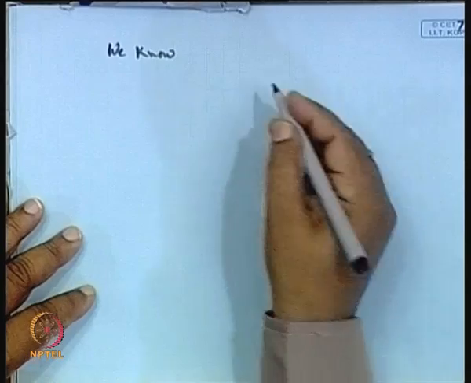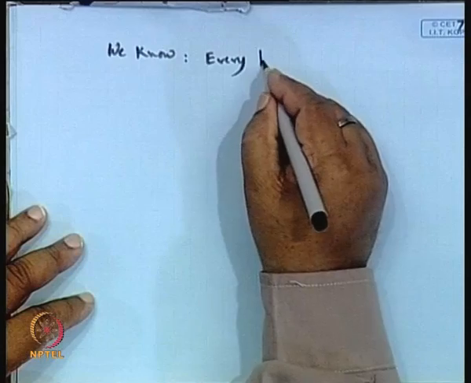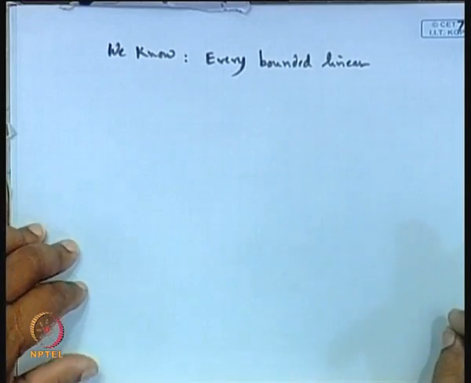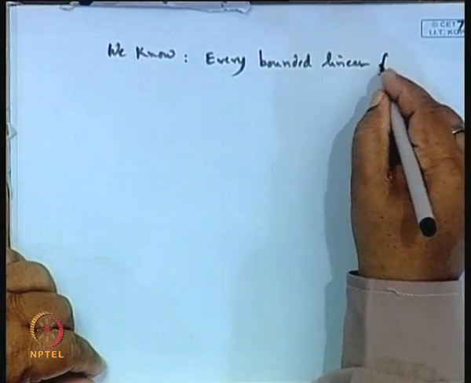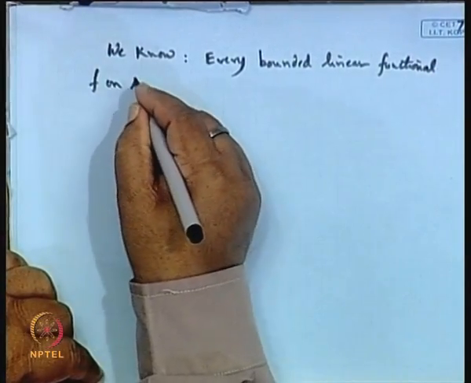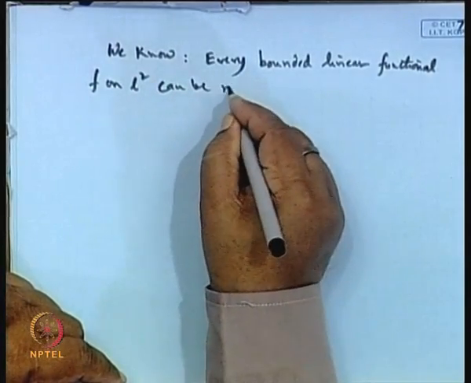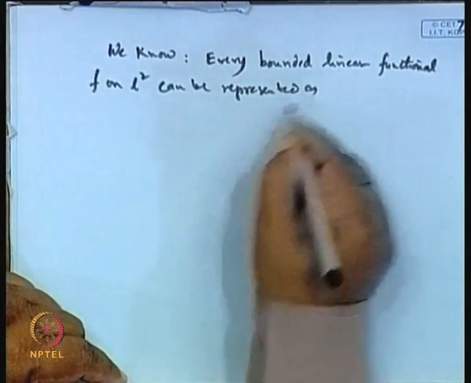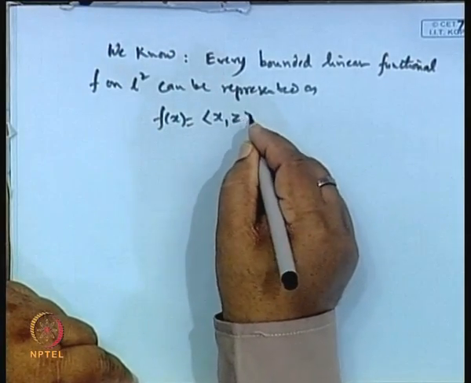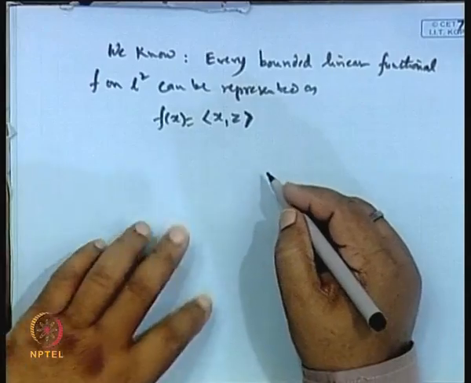that every bounded linear functional f on L2 can be represented in terms of the inner product, f(x) as inner product of x and z, where z is uniquely determined by f, norm of z equals norm of f, and z is in L2.